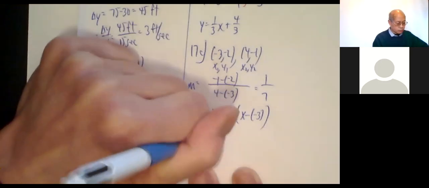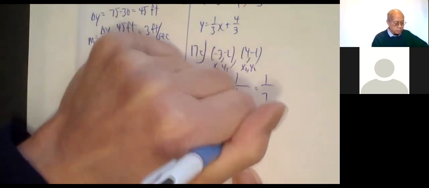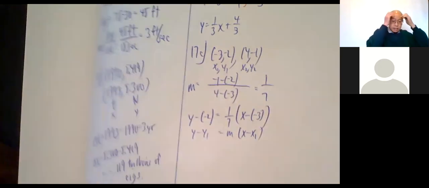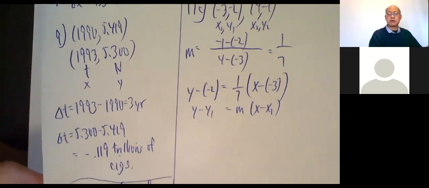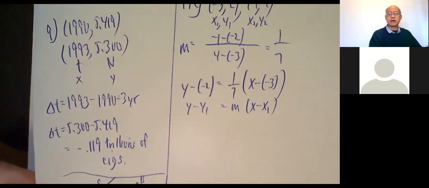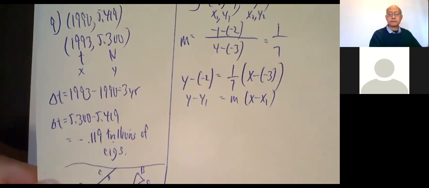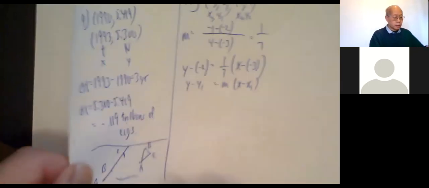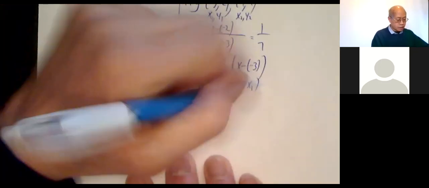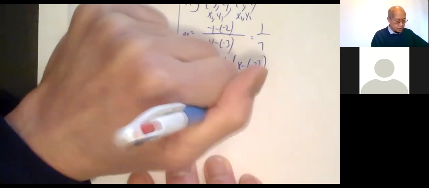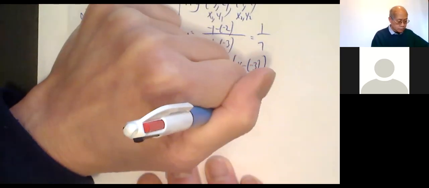This is y minus y1 equals m times x minus x1. And once again, looks like I get some pretty bad fractions, but got to go with what they give me. Okay, so let's clean it up. Y plus 2, double negative, 1/7 x plus, x plus 3, my bad.